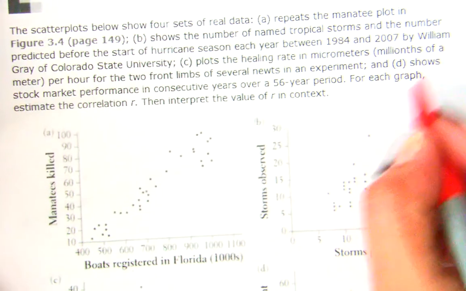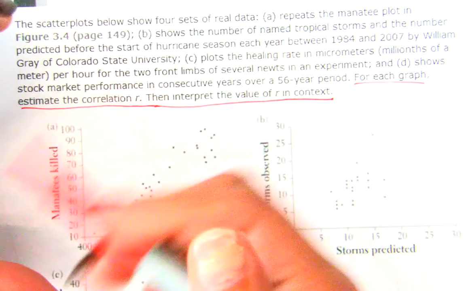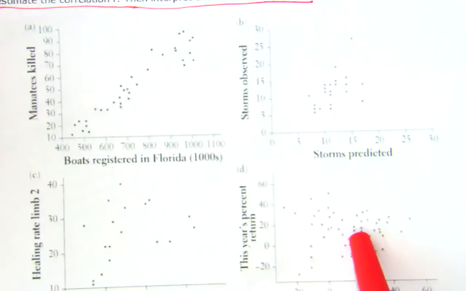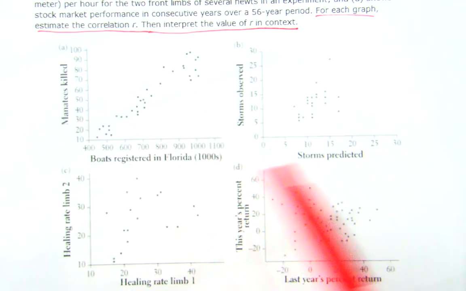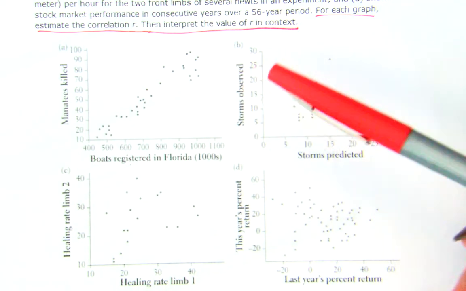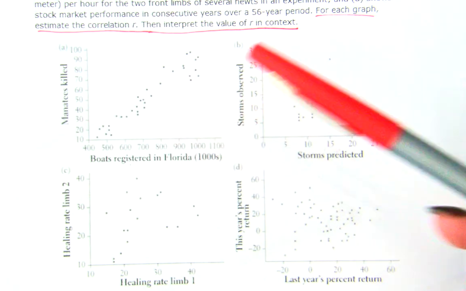For each graph, estimate the correlation R, then interpret the value of R in the context. So A, B, C, and D, this is what I want you to do on Canvas. You just need a sentence for each one, right? You're going to tell me what you think the correlation is, and what that means about the data.